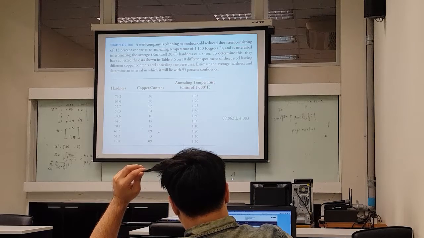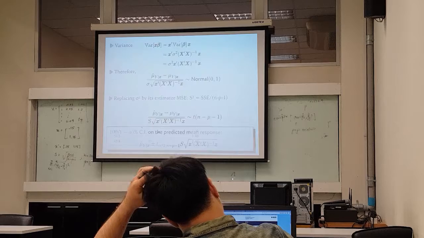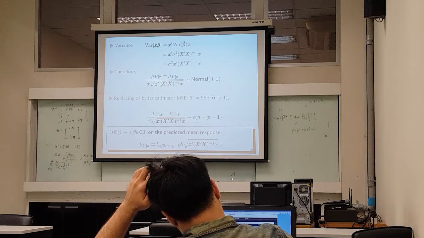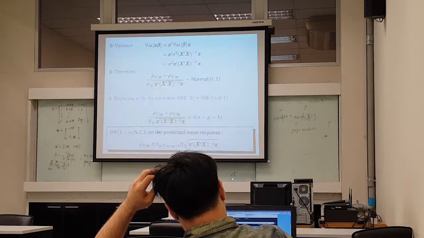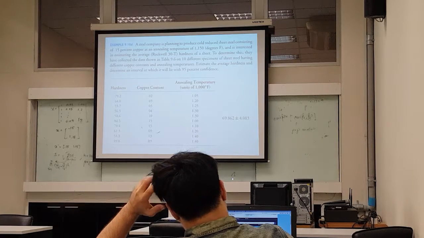You will get 69.826, and with the critical value multiplied by this whole standard error, you get 4.083. So this is the confidence interval on the mean response.